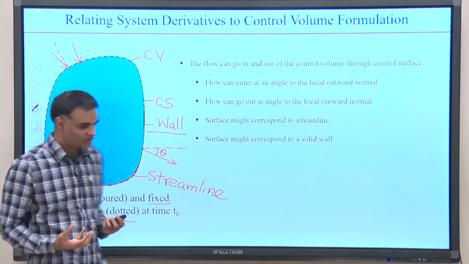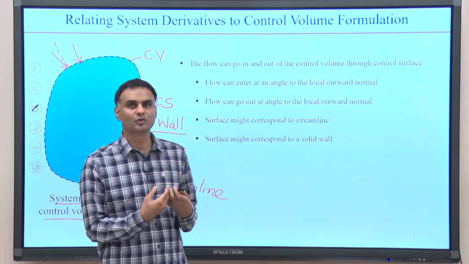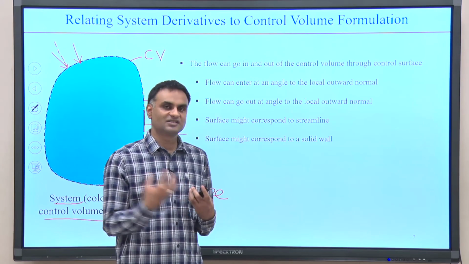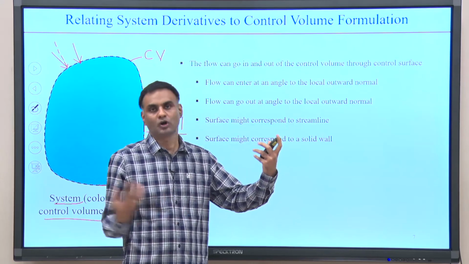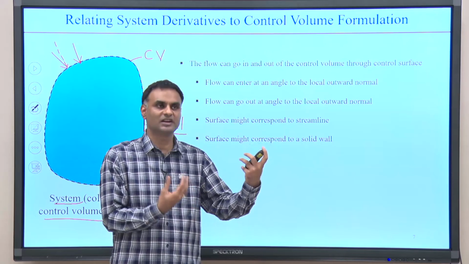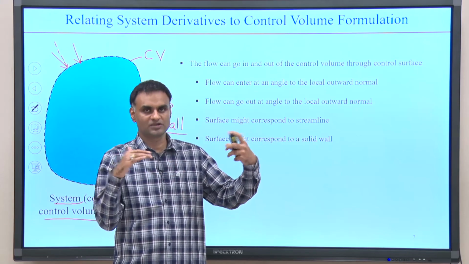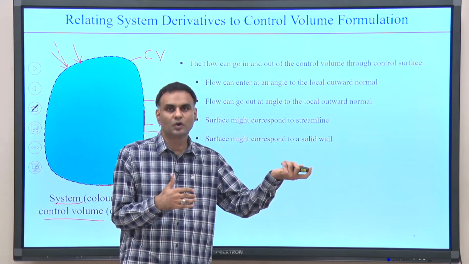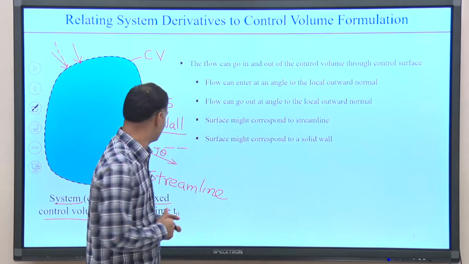Generally, because we are talking about flow of fluid, through this control volume there will always be some inflow coming in and some flow going out, or you might have only flow coming in or only flow going out. But generally, when we solve problems, there will be at least one of these flows, because only then are we looking at the motion of fluid.